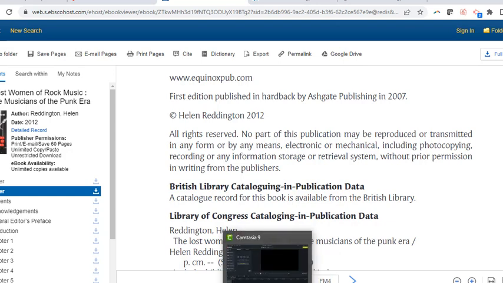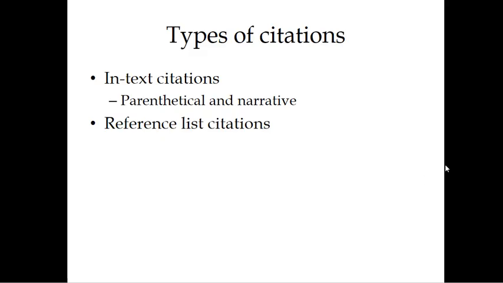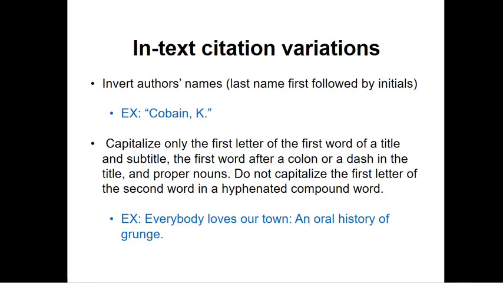Now, how do you compile all the information? So now we're going to start looking at in-text citation variations. And there's quite a few. But the main thing you want to focus on here is that when you are putting any kind of information in, this goes for certain elements of in-text citations. It also goes for reference list citations. Always make sure you're inverting author names. Usually with in-text, you're wanting to use the last name, not really the first name.